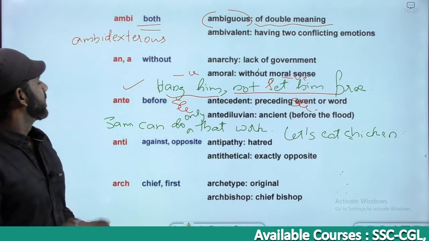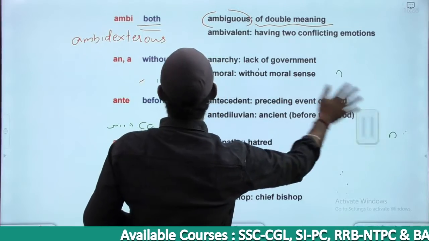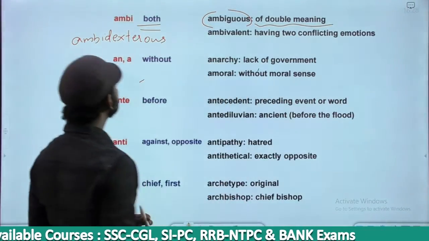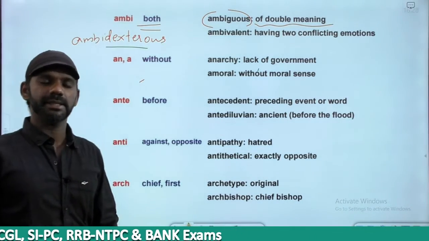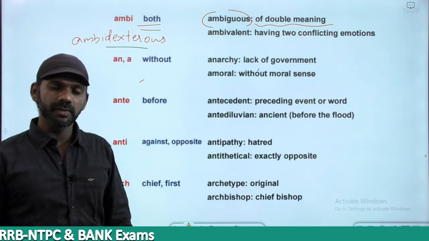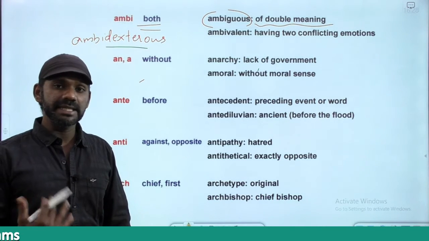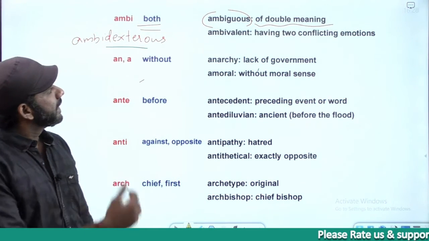Fine. So ambi is a prefix meaning both. I told you ambidextrous. Ambi means both. Dexter is a root word meaning skills, talents or abilities. So an ambidextrous person is one who has got many skills, many talents, many abilities. A multi-talented person can be termed as an ambidextrous person.